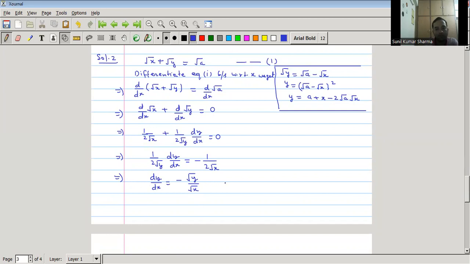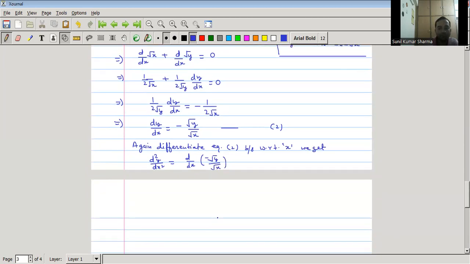Let this be equation 2. Again differentiate equation 2 both sides with respect to x. We get d2y over dx square equal to d by dx of minus under root y over under root x.